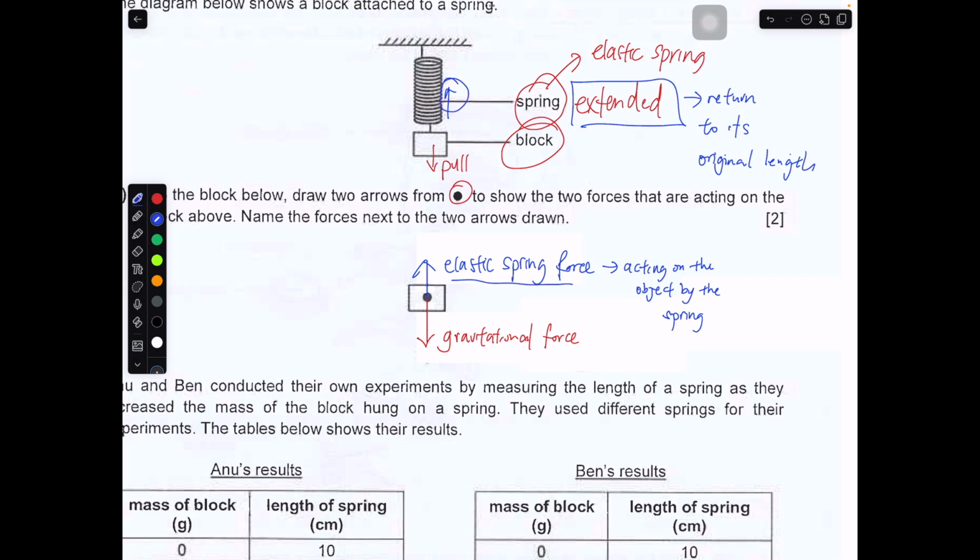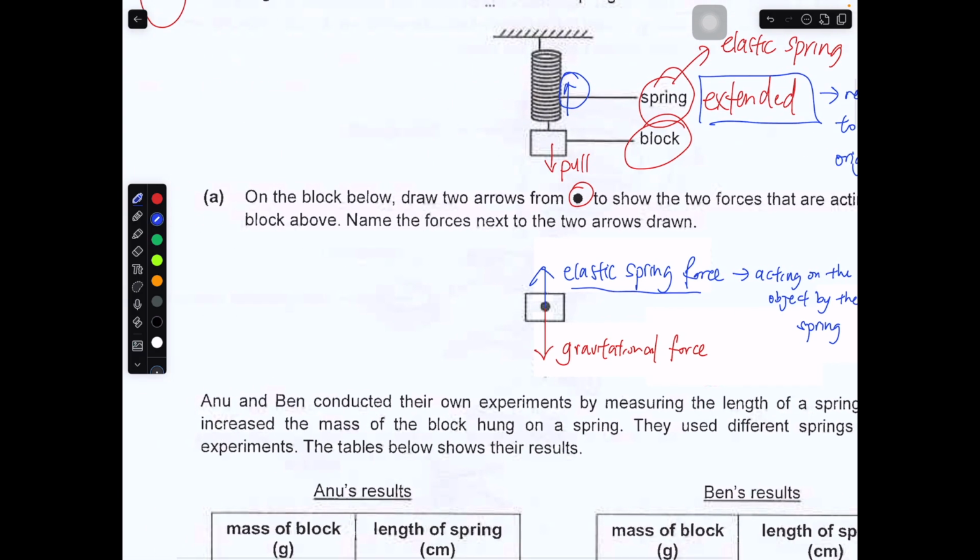But if we were to consider a different scenario, if a spring itself, this is a spring, but I have a block on top, then the elastic spring force will be in an upward direction, because the spring is now being compressed.